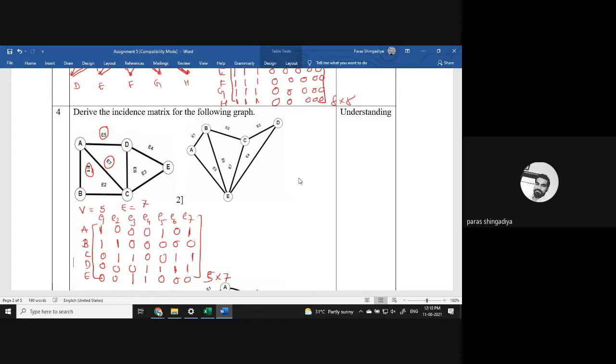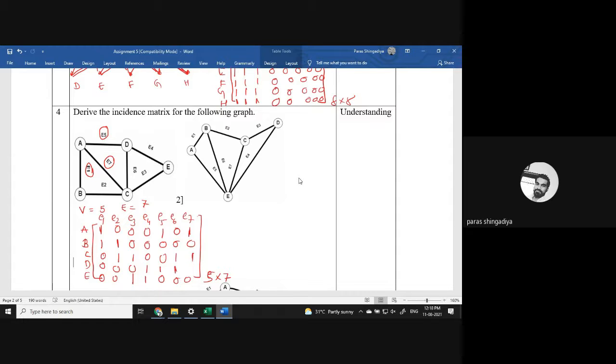Clear? This way you will get the answer fast. Yeah, there is one change in this fourth row.